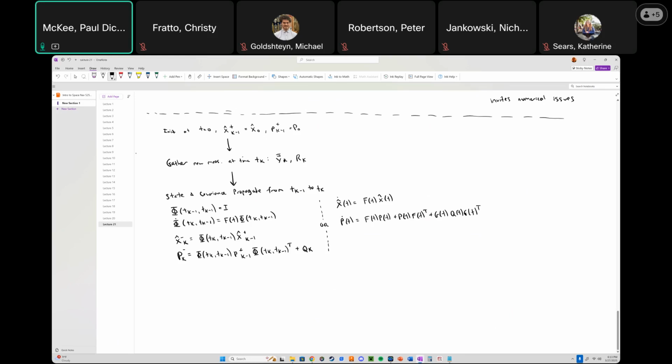Okay, those are your options when it comes to state and covariance propagate from old time to new time.